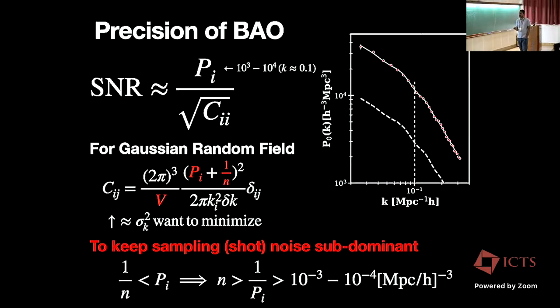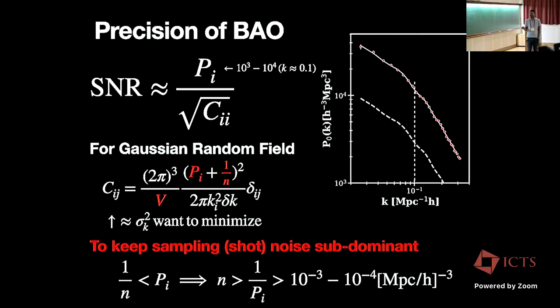If you ask yourself when your shot noise is smaller than power, that will give you number density bigger than 1 over power, that's this. So if you have a sample of galaxies which is roughly 10 to the minus 3 to 10 to the minus 4 in terms of number density, then at that time, your shot noise is basically subdominant.